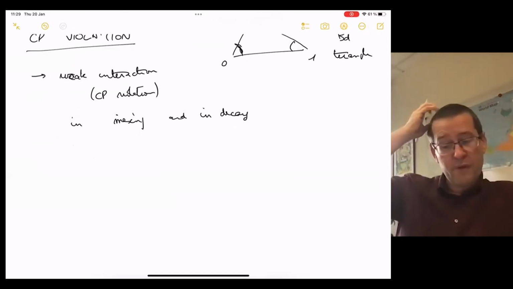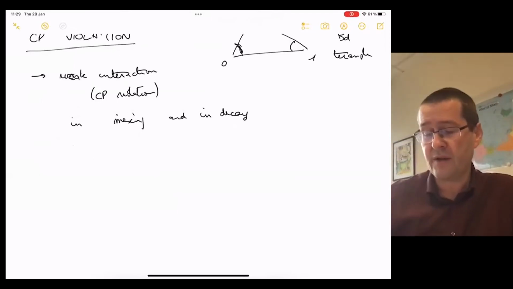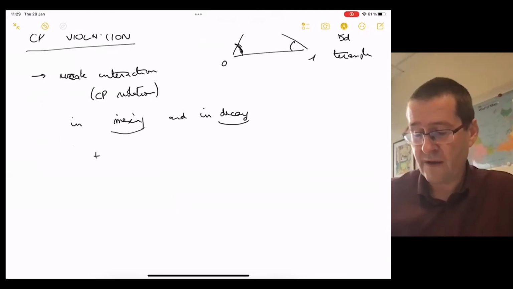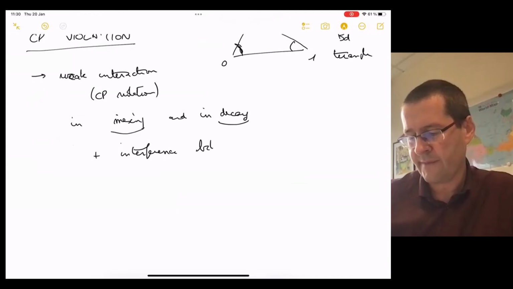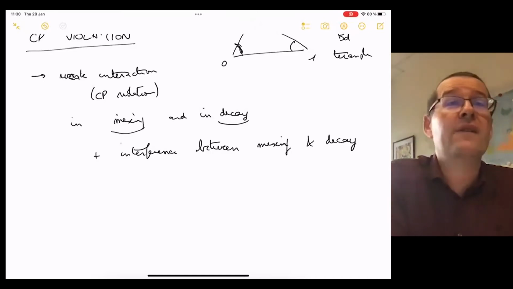So in principle, you can think of building observables that will probe CP violation in mixing, in decay, plus another possibility: you can try to make an interference between the CP violating effects present in mixing and decay, because in principle, these are phases.